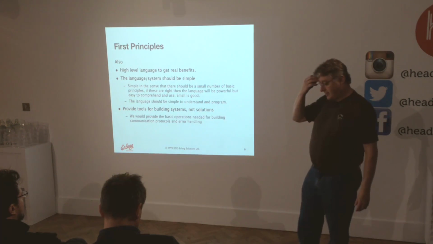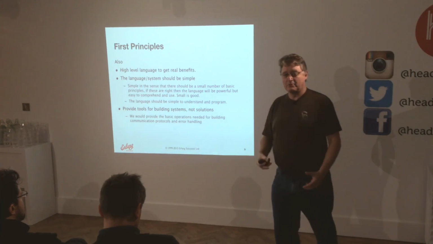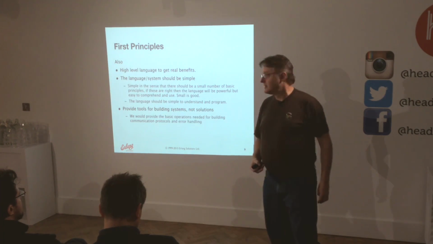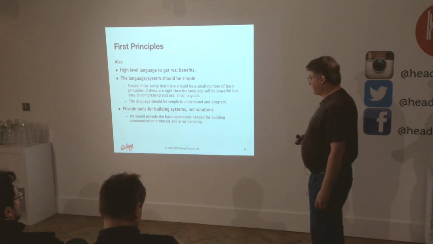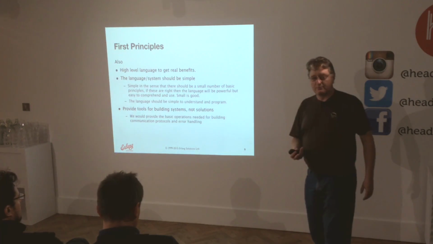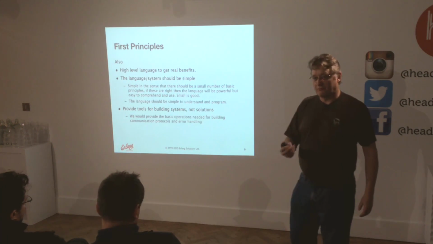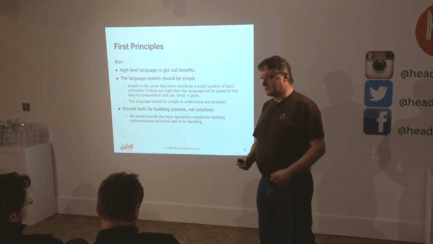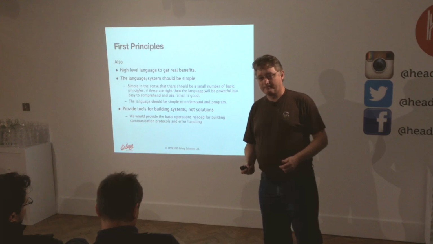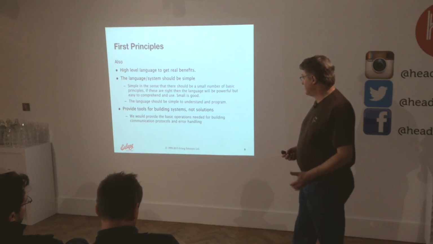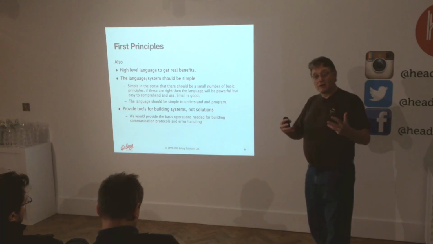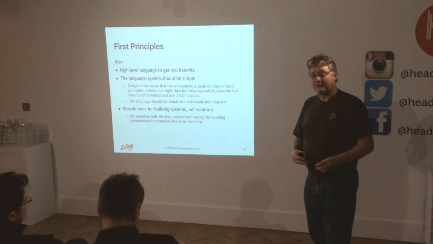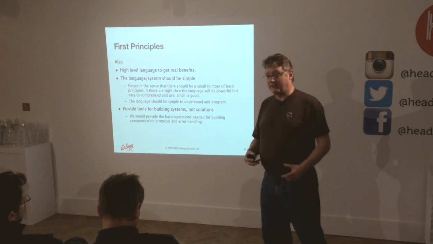We also had the idea that the language and the system should be simple. Simple in the sense that there's a small number of basic principles. If you get these principles right, then you can build complex systems on top of that. You don't want a complex base, because that makes everything complex. So in this case, simple is good.